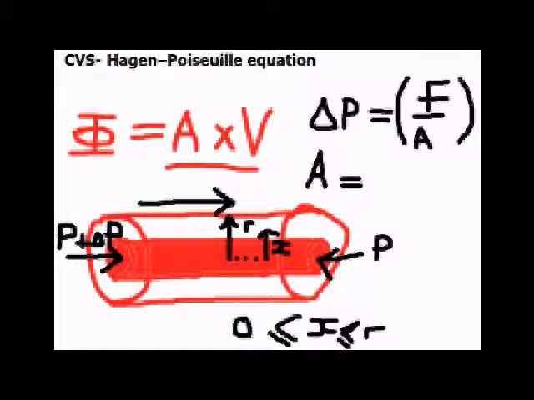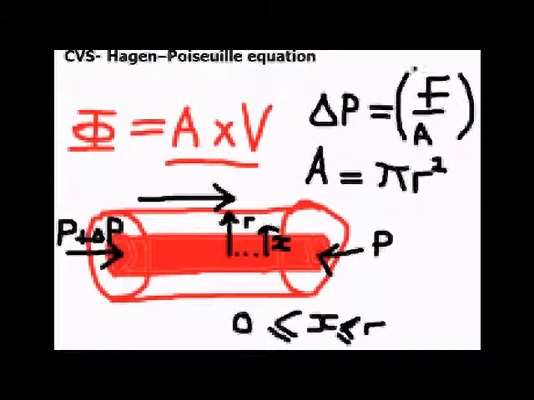So we're going to go back to A. A is this area here that the pressure is acting upon, and this is known as the area of a circle. So simple GCSE stuff so far, it's all good. Pi r squared. So now we're going to move down the page slightly.